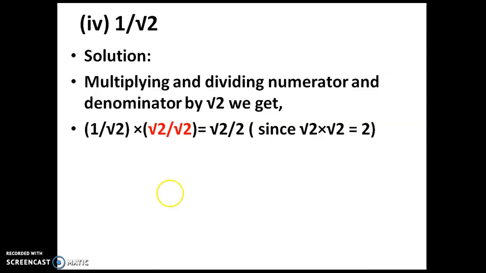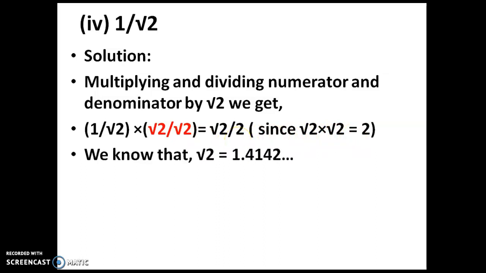The numerator is 1 and here the numerator is root 2, so 1 into root 2 gives root 2. In the denominator we have root 2 and root 2, and root 2 into root 2 is 2. So in the denominator we get 2. Next, the value of root 2 is 1.4142.